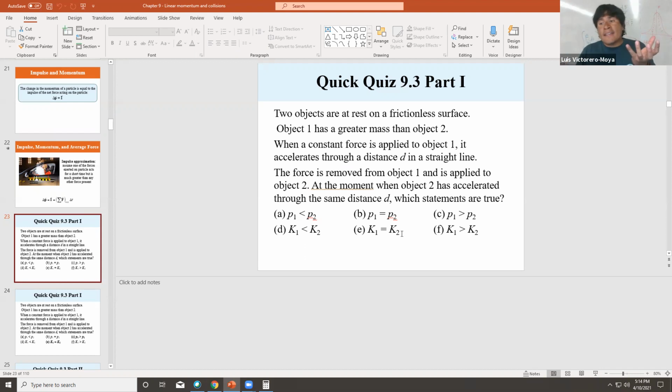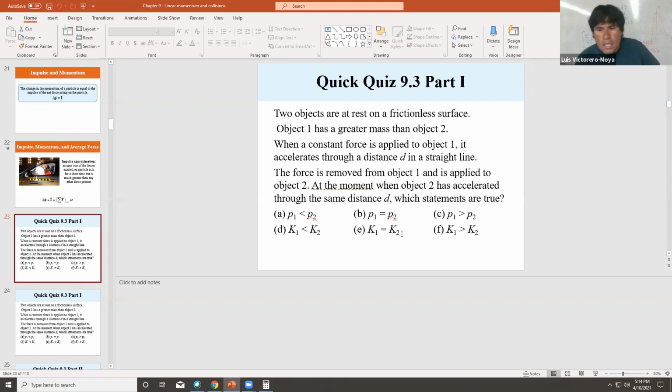If the mass gets less, the acceleration gets higher. So what we can say is that the momentum of 1 will be greater than the momentum of 2.